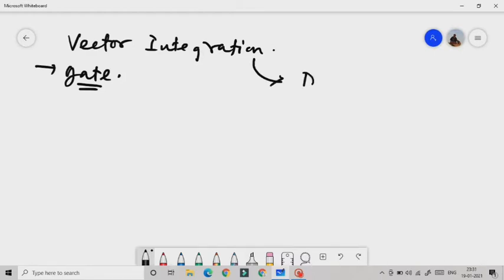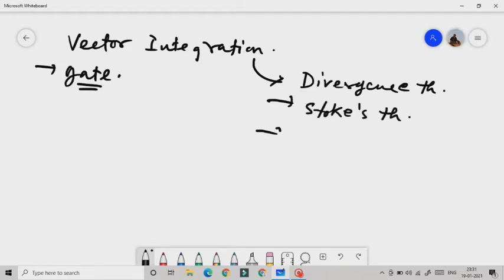Here are some theorems: the divergence theorem, then you have Stokes theorem, and you have Green's theorem.